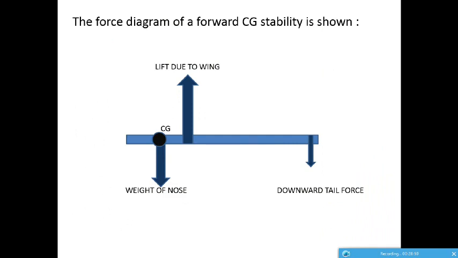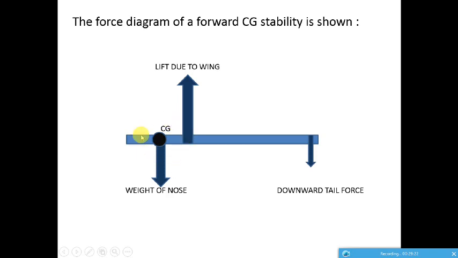This is a force diagram of a forward CG aircraft. This is the lift component of the wing, and this is the weight of the nose. Ultimately, if this force were absent, the aircraft would try to pitch down, meaning the nose of the aircraft always points down.